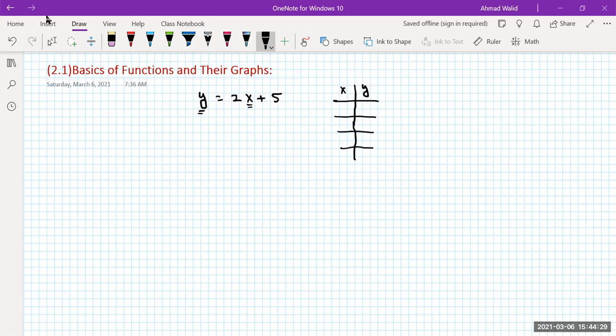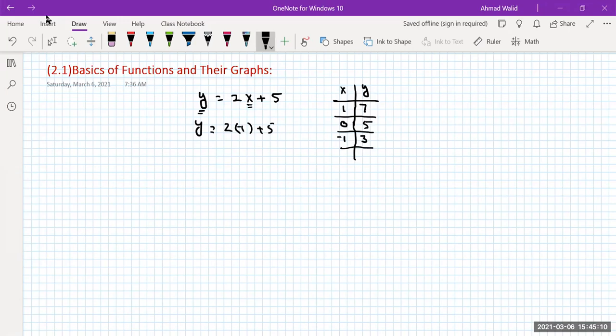Let's, for example, plug in 1, 0, -1 in this equation and see the value of y. Then y equals 2 times 1 plus 5. 2 times 1 is 2, plus 5, 7. If I plug in 0, y will be 5. If I plug in -1, it gives me -2, and -2 plus 5 gives me 3.